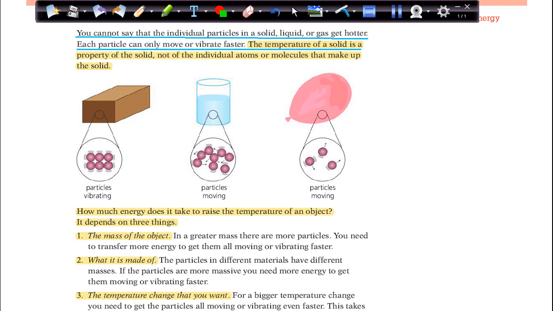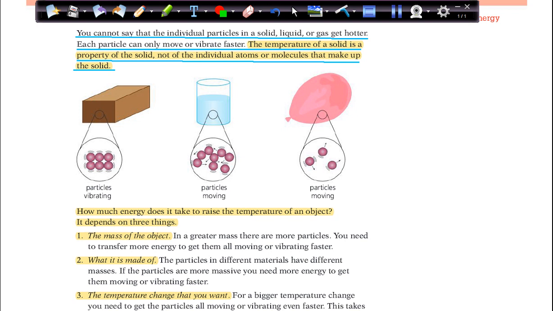The temperature of a solid is a property of the solid, not of the individual atoms or molecules that make up the solid. Each material has different atoms, like wood, iron, glass, okay?